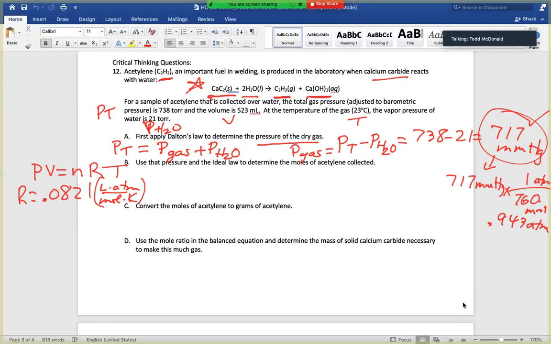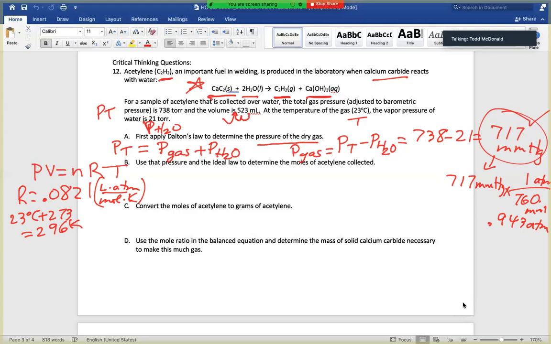The other thing we have to deal with is the temperature, 23 degrees Celsius. We're going to add 273 to this, which is 296 Kelvin. And then the volume should be pretty easy. We've got to get it in liters. We move the decimal over 3 places, and we get 0.523 liters.